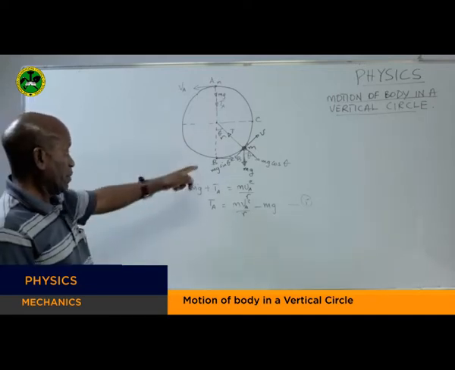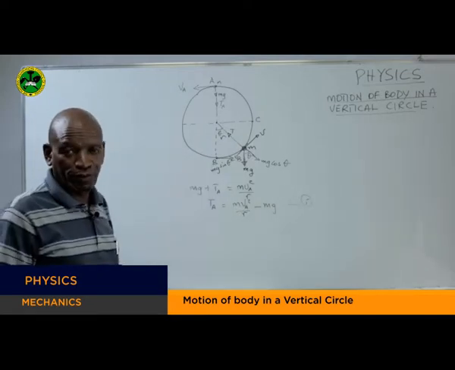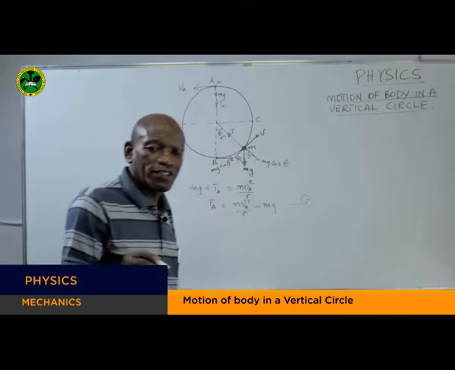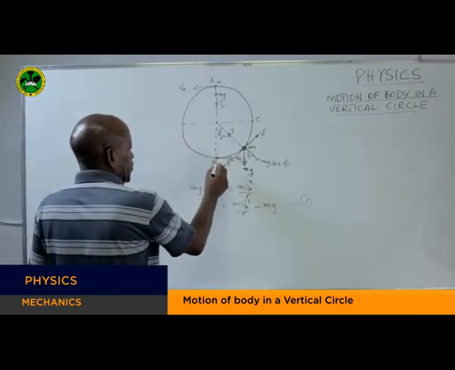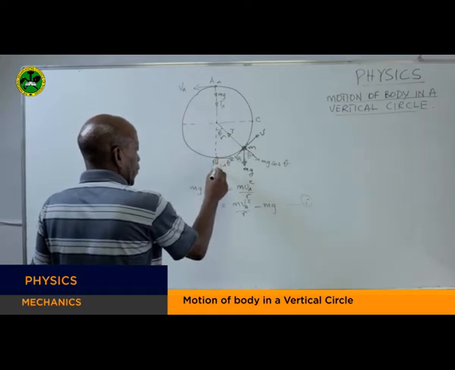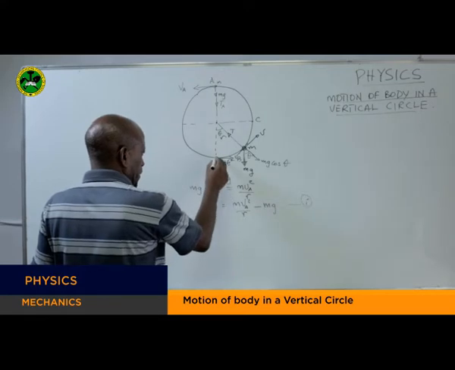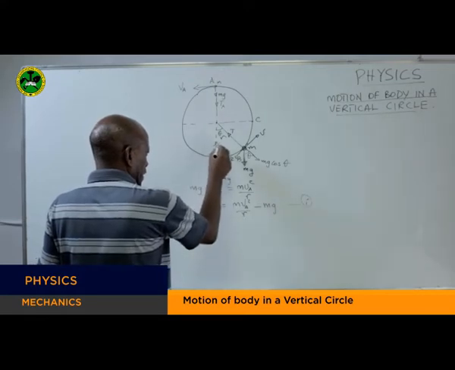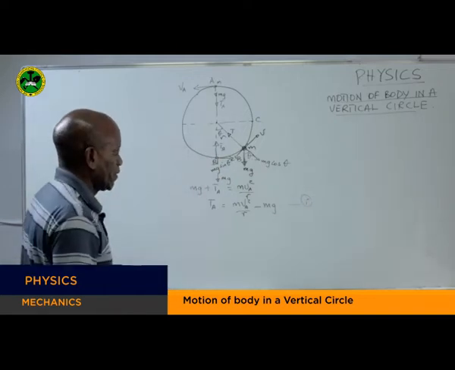And we can find the tension at point B, that is, at the lowest point. Whenever a body is moving here, there is a weight acting vertically downward, and that is mg. But there is a tension force acting upward, which I call T_B.